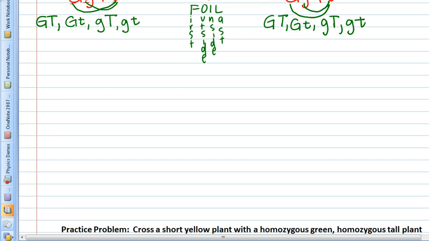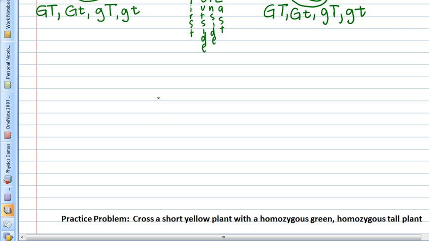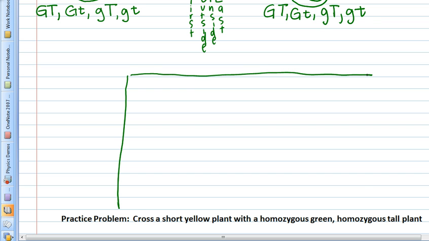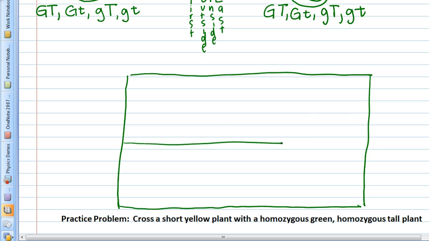Now these gametes are going to be what get filled in along the top and the sides of the Punnett square. Since each parent can pass down 4 different types of gametes, we have to have a Punnett square that's 4 by 4.